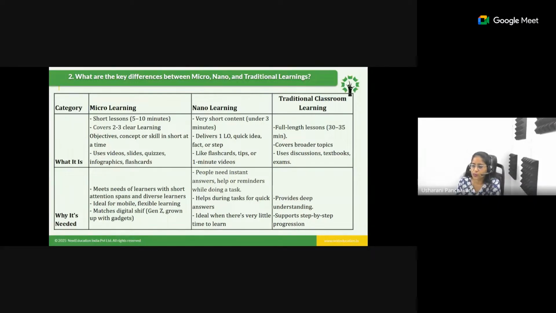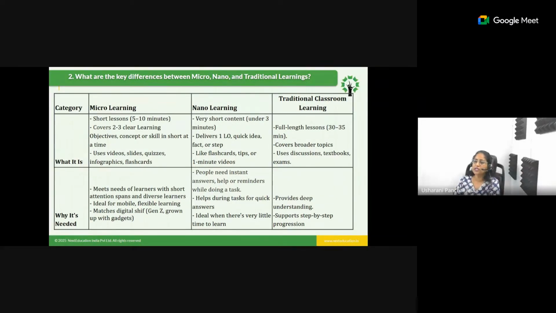It helps during the task for quick answers, as I said, to find the meaning of something. It is ideal when there is very little time to learn, just before the exam, or just before doing something hands-on that they want to get the gist of. That is where nano learning tools or materials are handy.